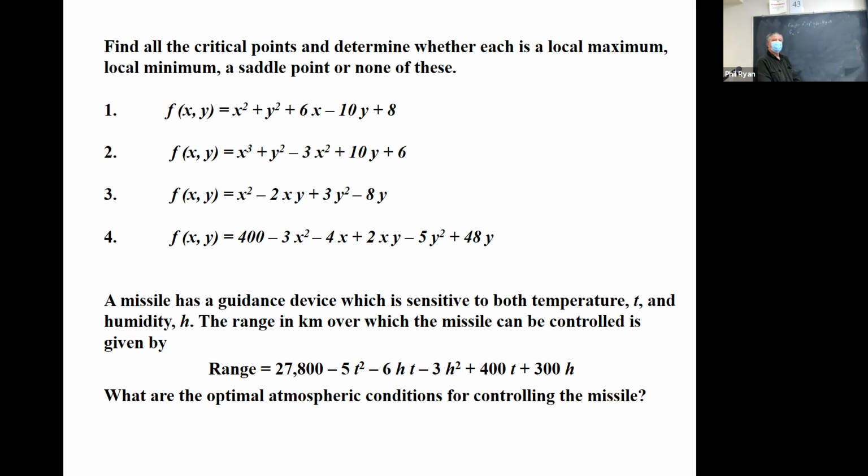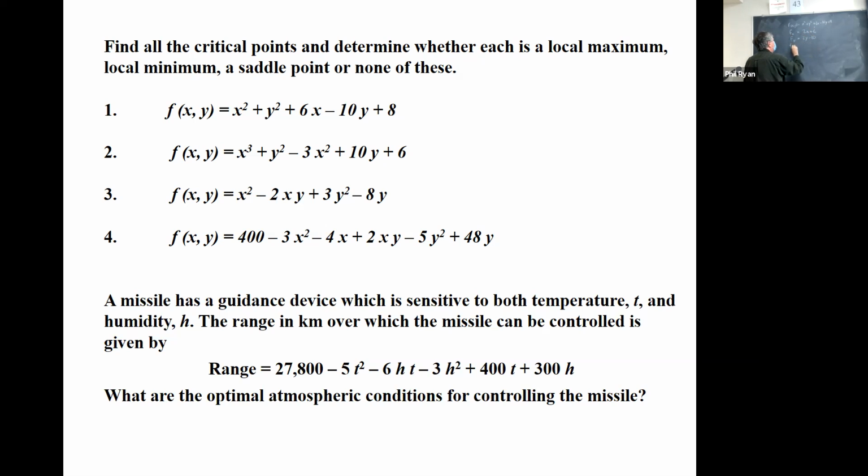Okay, so what's the partial derivative with respect to x? 2x plus 6. Excellent. Partial derivative with respect to y? 2y minus 10.